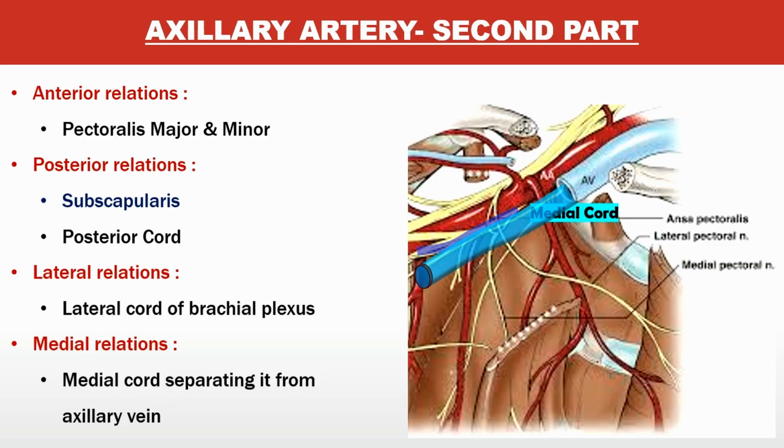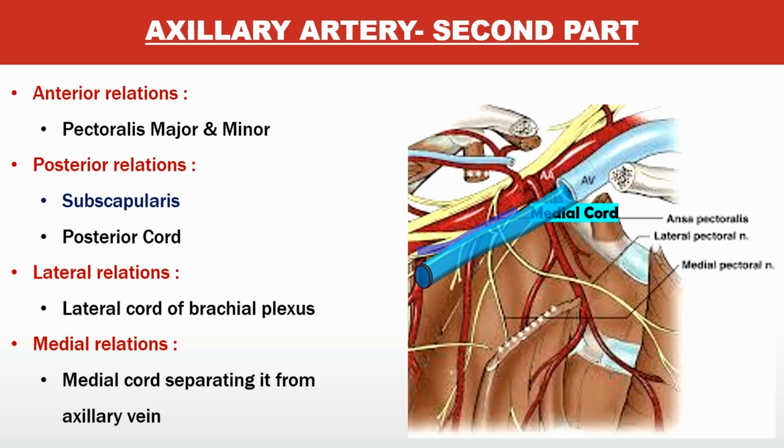When we read about the brachial plexus, it has been classified in respect to the relation of the brachial plexus with the second part of the axillary artery. So वो आगे change हो सकता है, ऊपर change हो सकता है, but the relation in the second part will actually be responsible for this nomenclature.